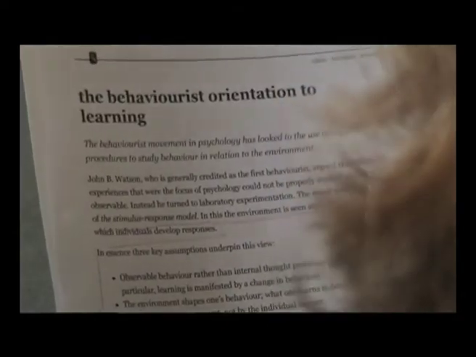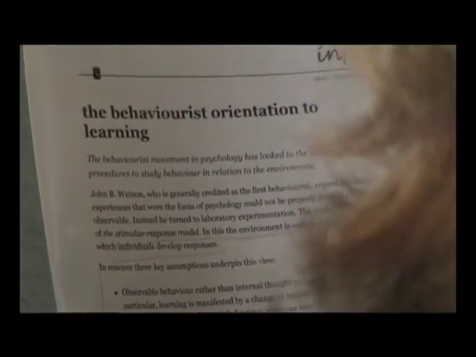The second point is that the environment shapes one's behaviour. What one learns is determined by the elements in the environment, not by the individual learner. The third point is that the principles of contiguity, how close in time two events must be for a bond to be formed, and reinforcement, any means of increasing the likelihood that an event will be repeated, are central to explaining the learning process.